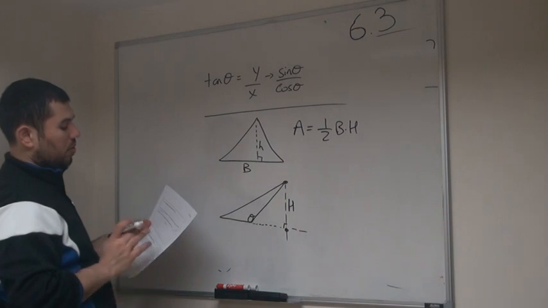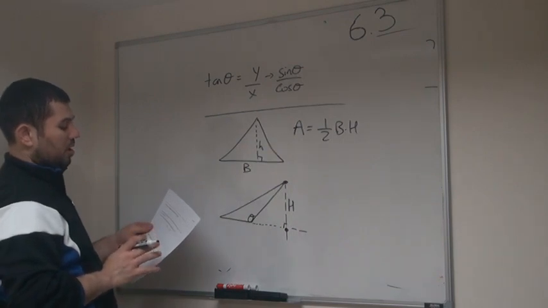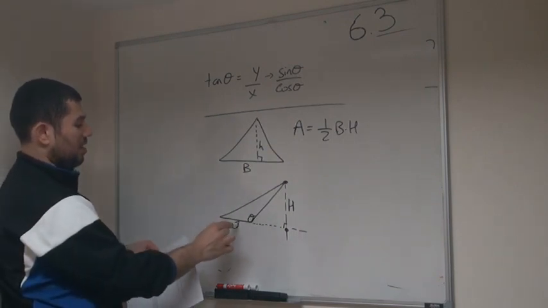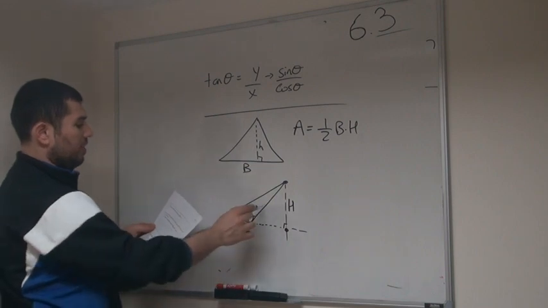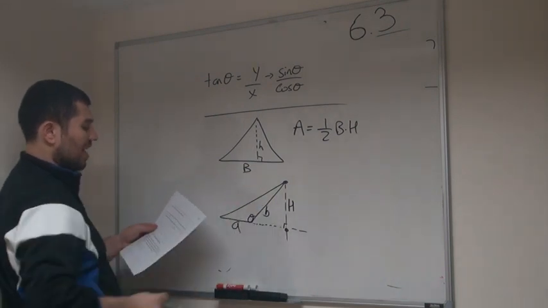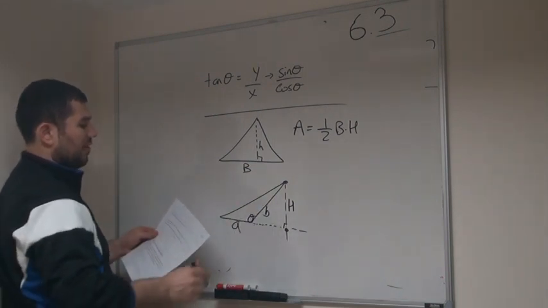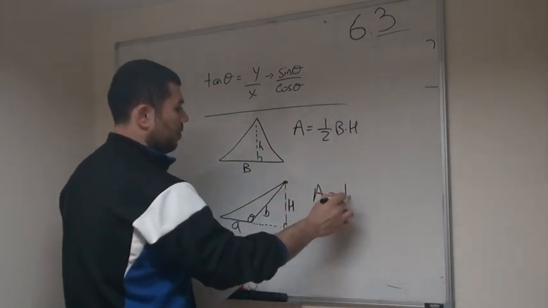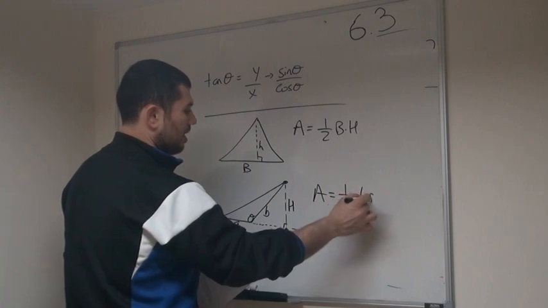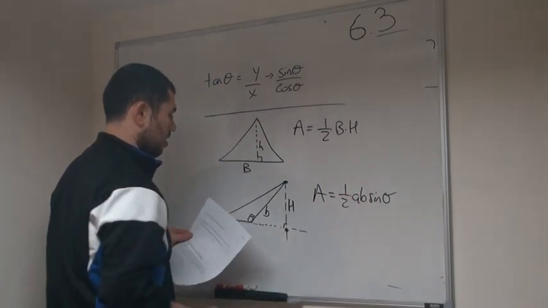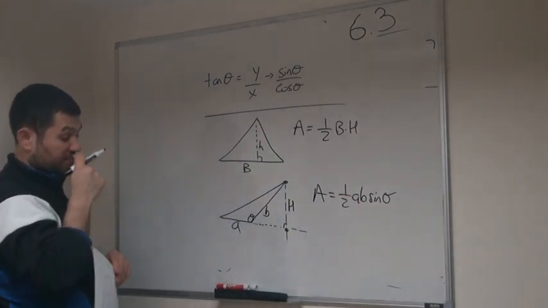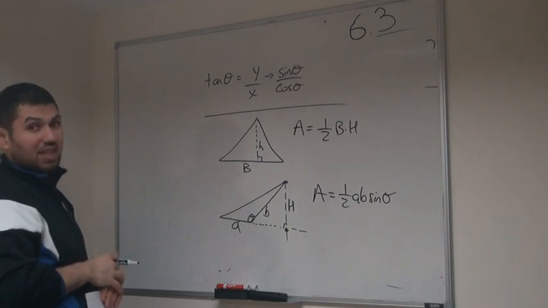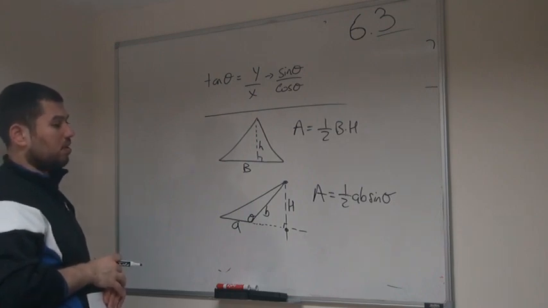Long story short, you have the definition here. If this was A, and this was B, and this was height H, the area of this triangle would be 1/2 AB times the sine of theta. And again, this is not something that I'm holding you guys to.